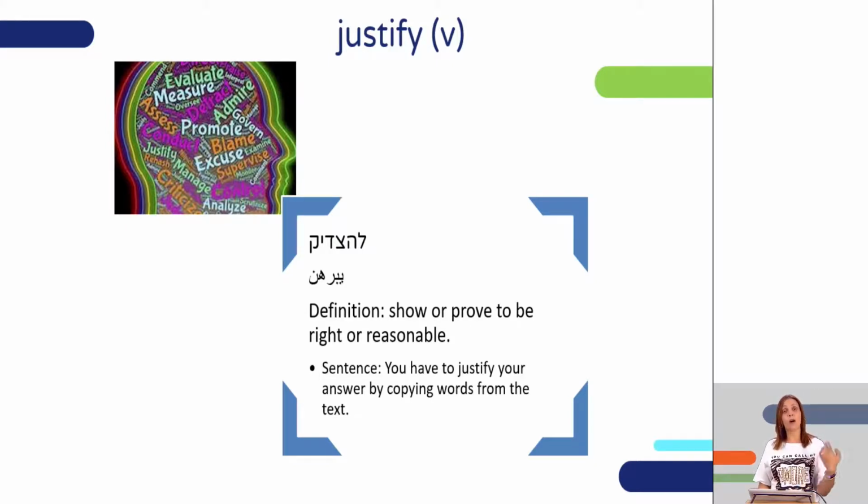You need to show why you chose this answer. So you need to give justification. And the sentence here: you have to justify your answer by copying words from the text. Usually, you can find this sentence in Module C and Module E examinations.